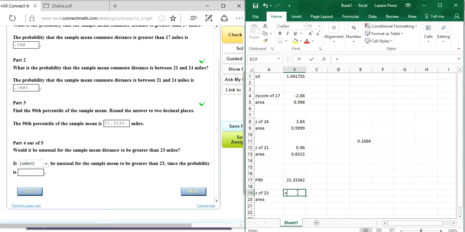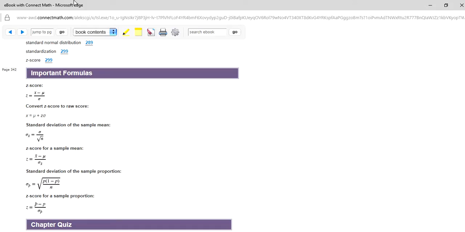We're going to use the same z-score formula, which is 23 minus 20 divided by our standard deviation. All right, this to 2 decimals should be 2.88.